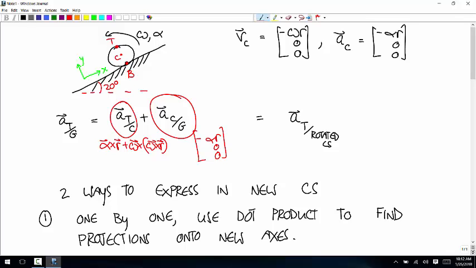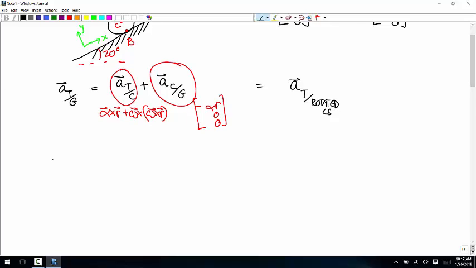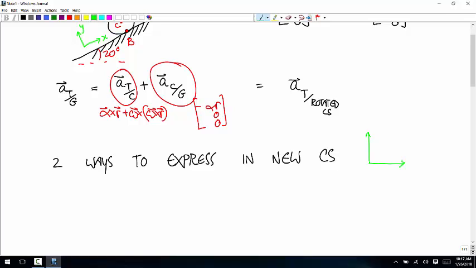Like do it for this case. Let's say this is 20 degrees. So there are two ways to express in a new coordinate system, and the new coordinate system that I'm going to use is this one in this case.